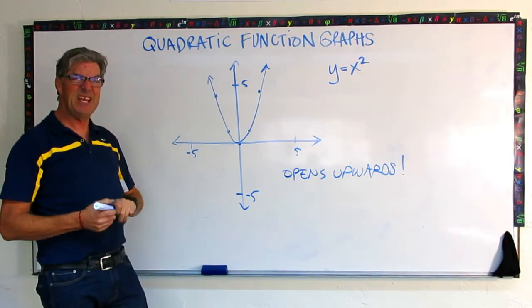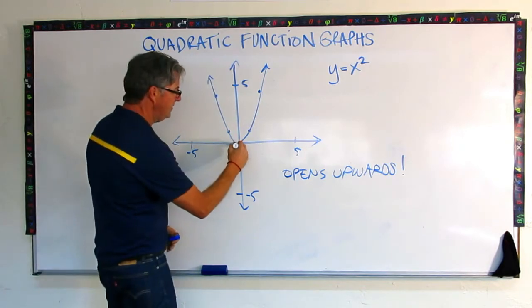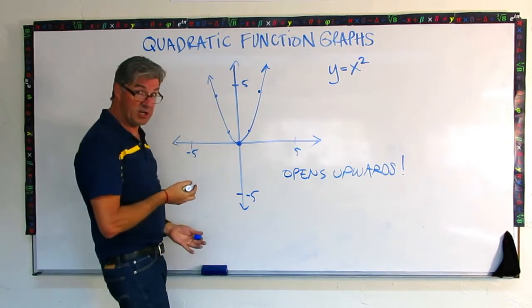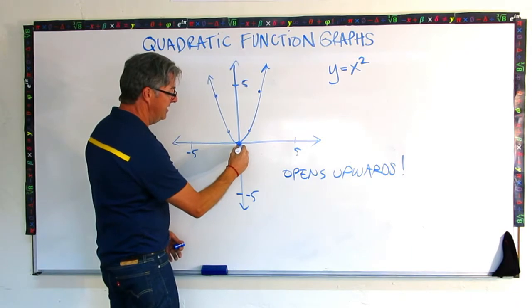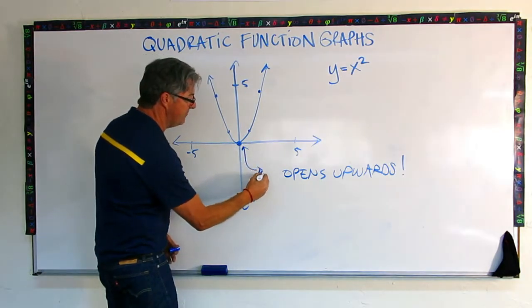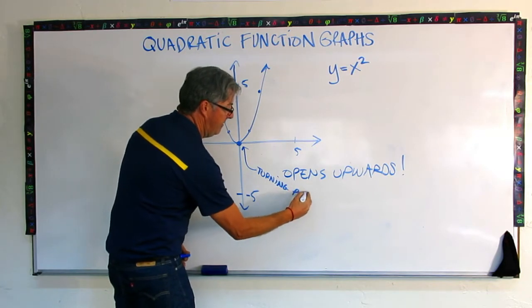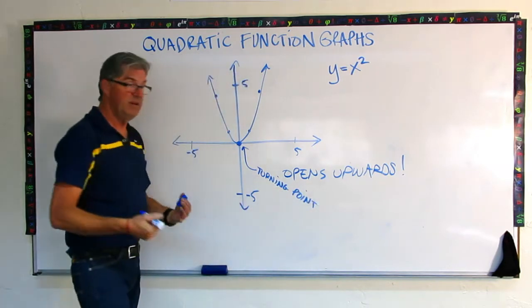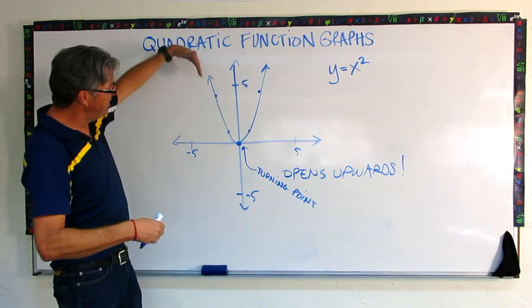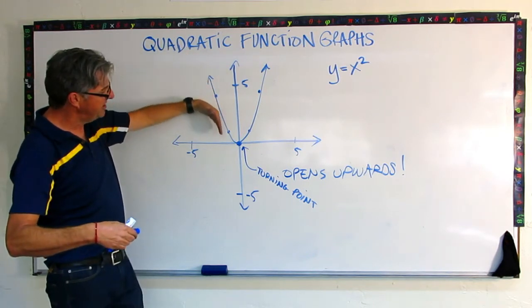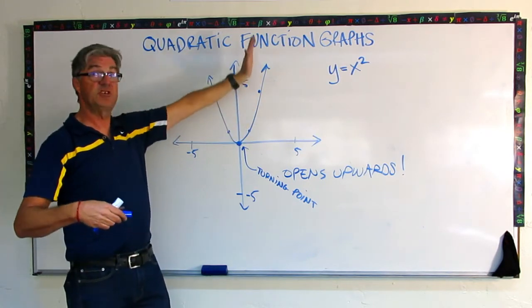Okay, second thing to notice. This right here, we talked about it when we plotted points. This is a turning point. And a turning point is where the parabola, in this case, is going from decreasing, it turns, and now it's increasing.